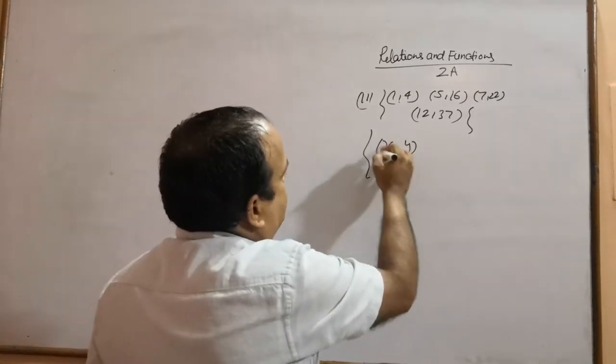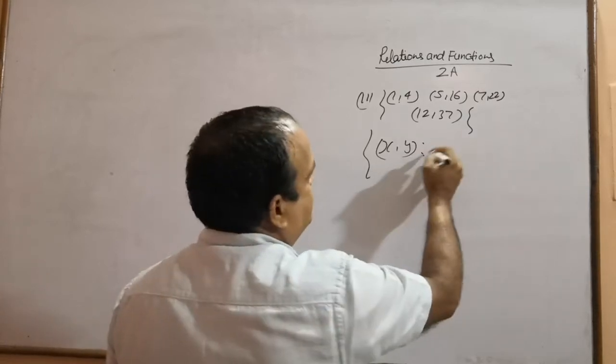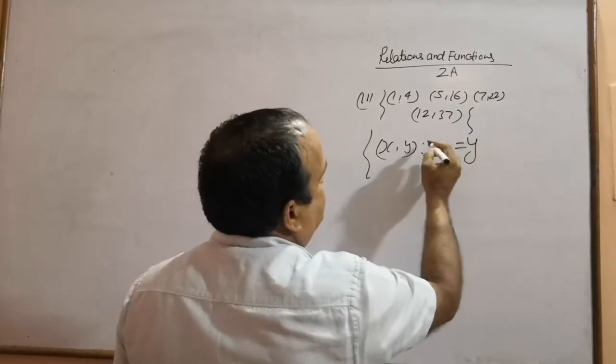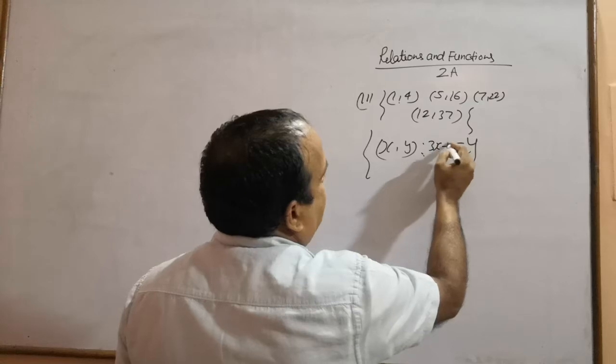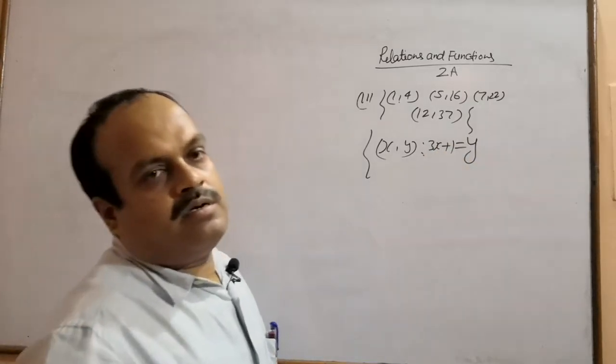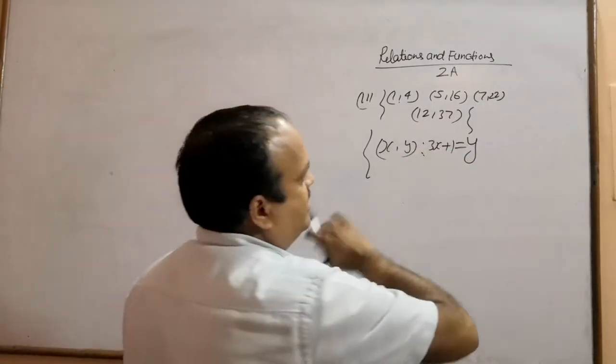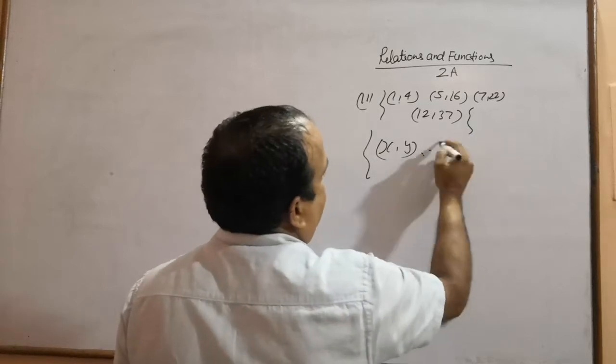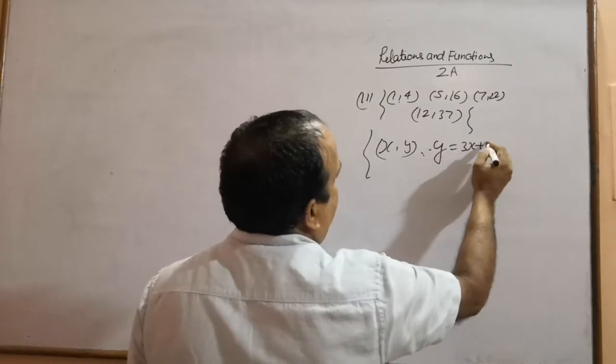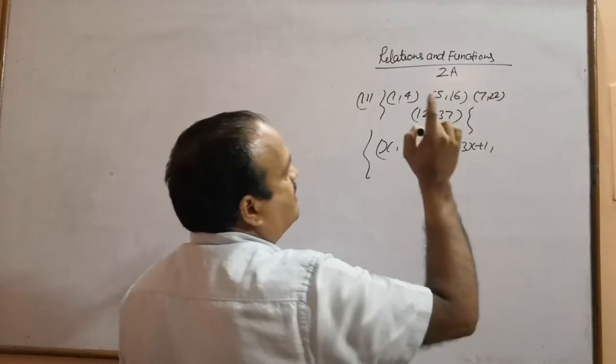So the relation is the collection of ordered pairs x, y such that y is 3x plus 1, or you can write y equals 3x plus 1.